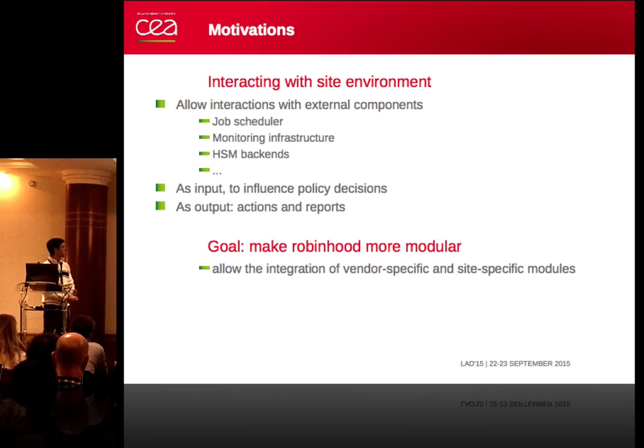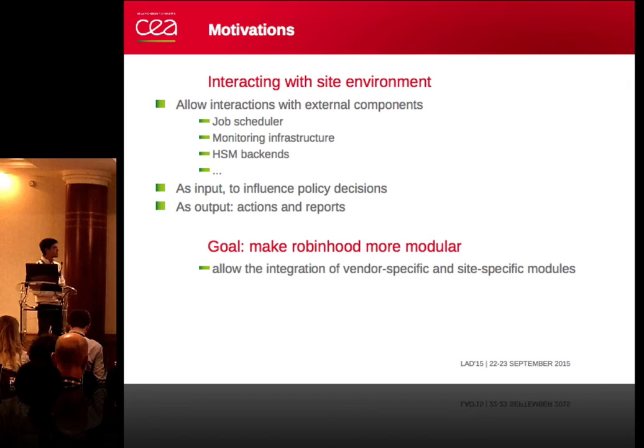Basically, it would be interesting to have some input from the job scheduler to influence policies: the start of policies or the amount of data you want to migrate, depending on how full your cluster is, how busy your file system is, etc. This is also interesting to have a coupling with monitoring infrastructures as an input to decide when it can load the file system for data migration, for example, or as an output to gather information from Robinhood to fill a site monitoring system.